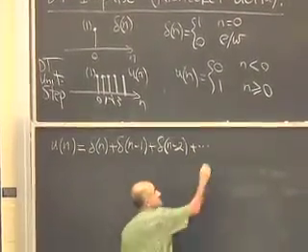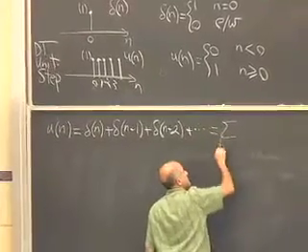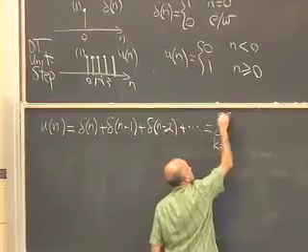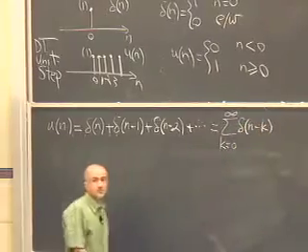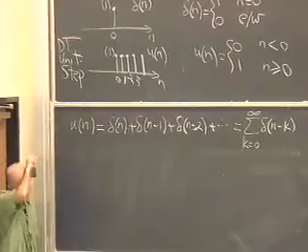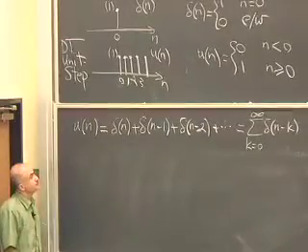And this, of course, can be summarized in the infinite sum k equals 0 to infinity delta n minus k. So that was one way we wrote the unit step in terms of the impulse.